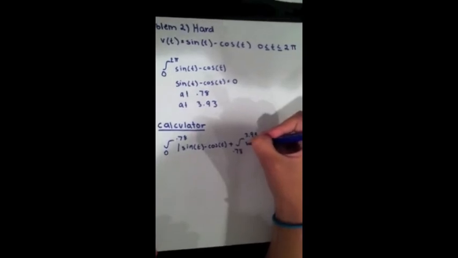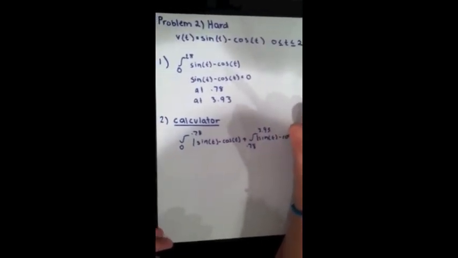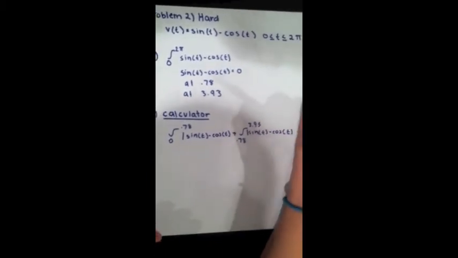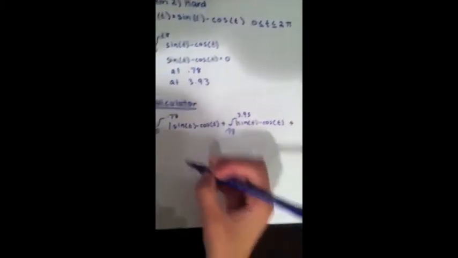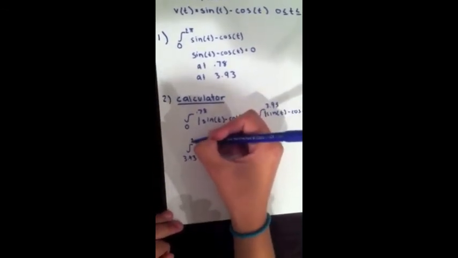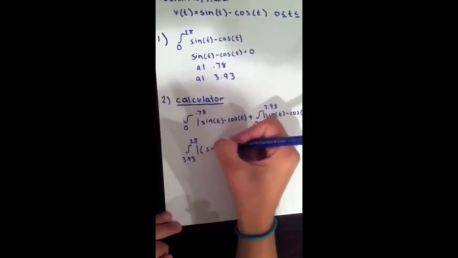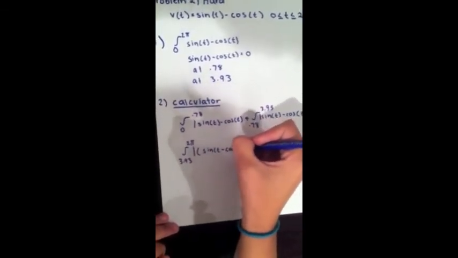And then you write the equation again with the absolute value of sine t minus cosine t. And then you add that to the integral of 3.93 to 2 pi. And that's the absolute value of sine t minus cosine t.